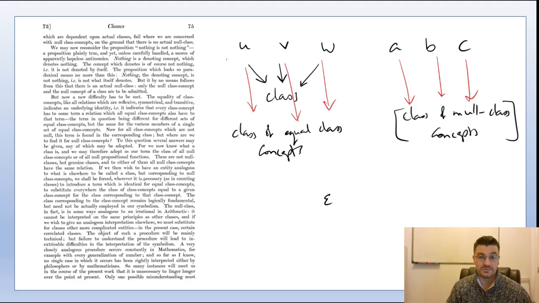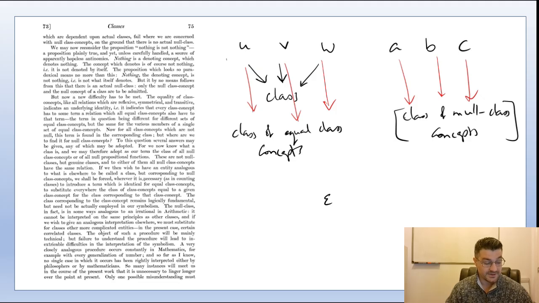On a symbolic level. On a philosophical level, it's not an identification that we're making, it's just a kind of substitution. Okay, so we're not making an identification here. The class corresponding to the class concept remains logically fundamental, so we haven't really gotten rid of it. It's still there, but need not be actually employed in our symbolism.